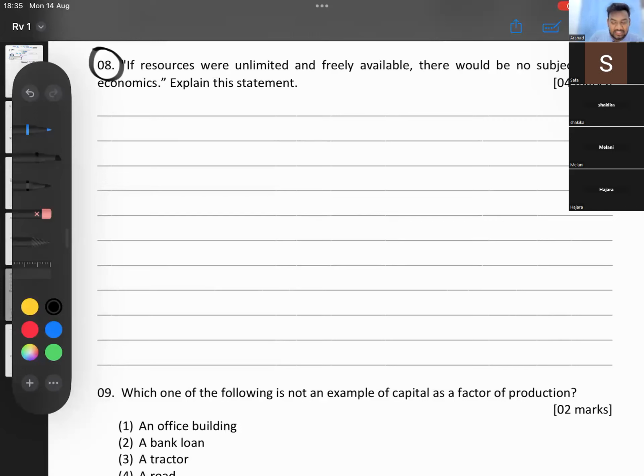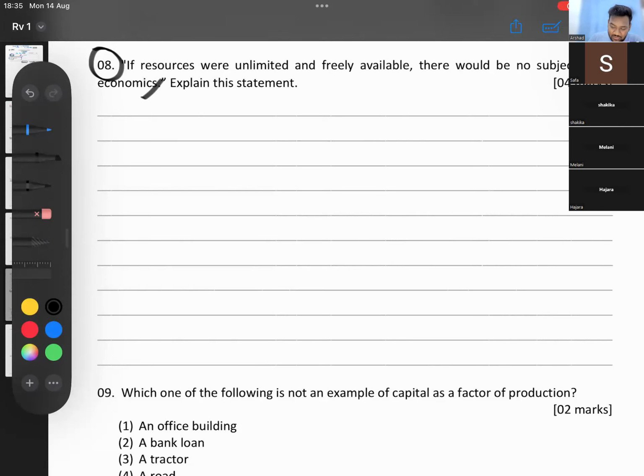So if resources were unlimited and freely available, there would not be economics, because economics is a subject of choice. Economics is about how you make a choice, how you try to use your limited resources properly and make the correct choices. If resources were unlimited, you don't have to make a choice, so you can do whatever you like. Therefore, if there are unlimited resources, there is no subject called economics.